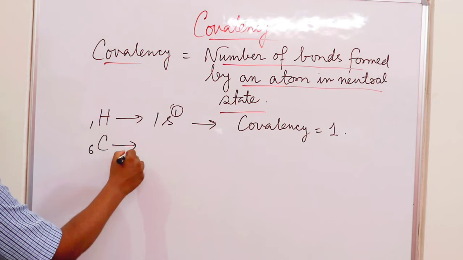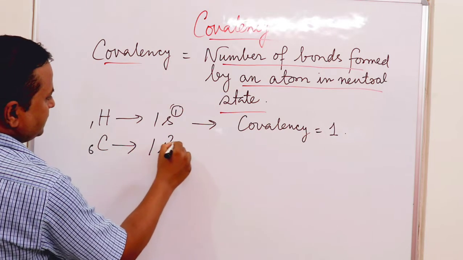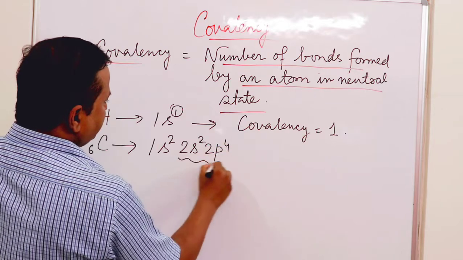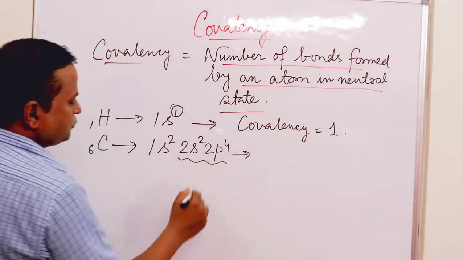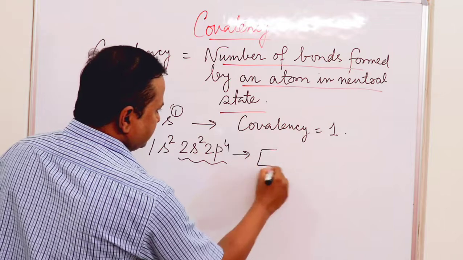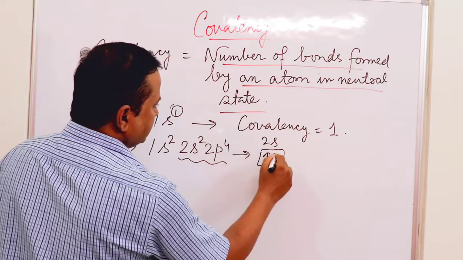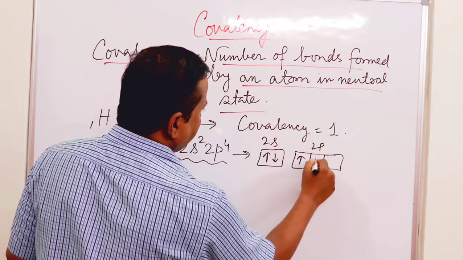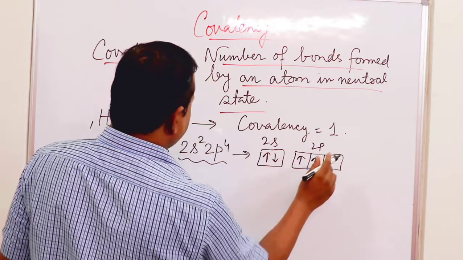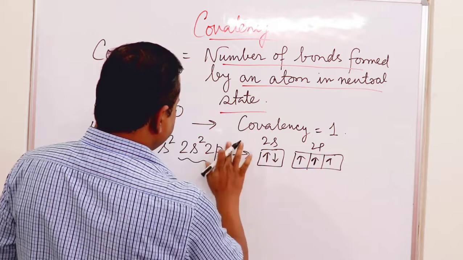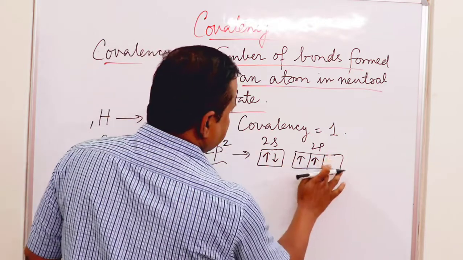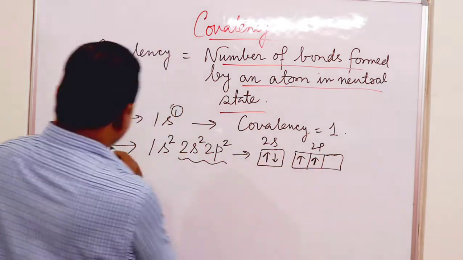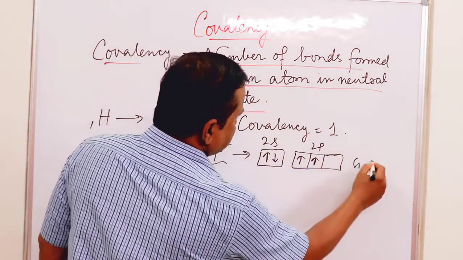Carbon's atomic number is 6, so its configuration is 1s2, 2s2, 2p2. Okay, so you can see in its outermost shell, if I write in this way, 2s and 2p. This is the electronic configuration of carbon in ground state.